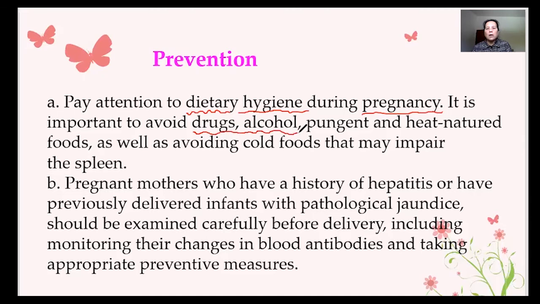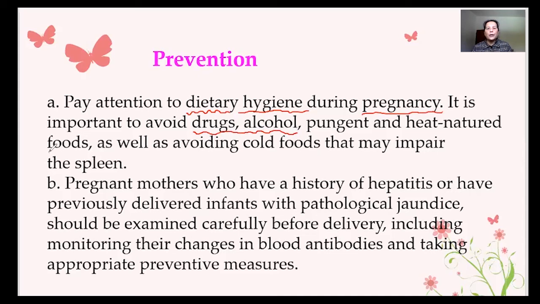Alcohol generates a lot of heat. And even drinking too much coffee. One to two cups of coffee is okay, but some people drink more than 10 cups of coffee. That must generate a lot of heat.